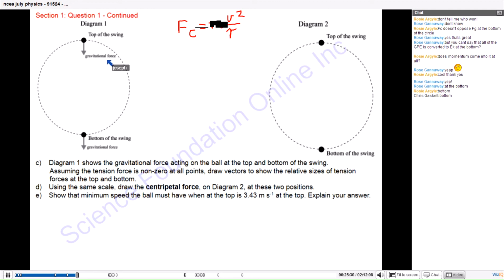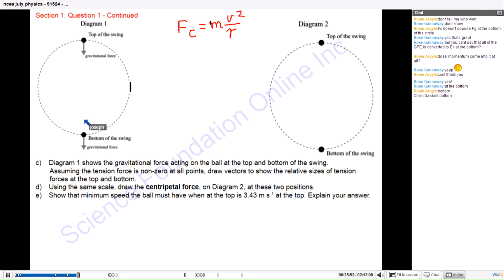So, at the bottom is where the speed is greatest, and the mass is the same, the object's mass doesn't change. Look at the things in this equation. Mass is the same, distance from the center is the same at any point on the circle. So, where the speed is biggest is where the centripetal force will be biggest.